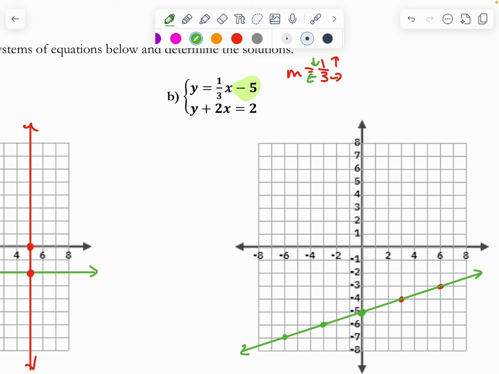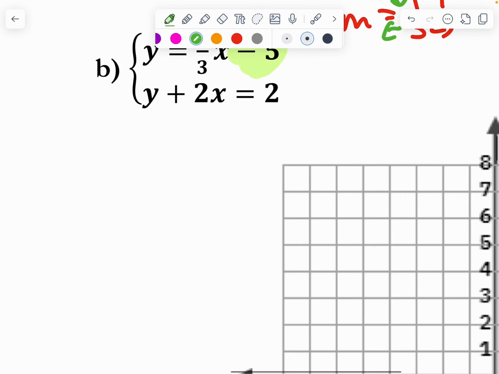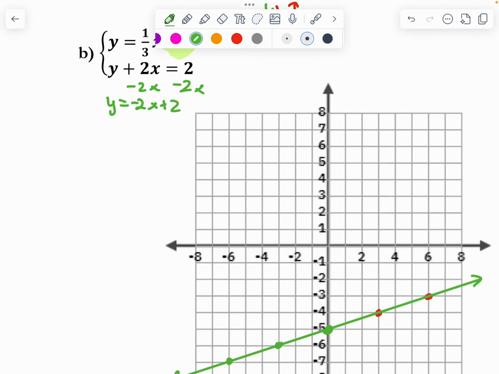Perfect. I finished my first equation, but my second equation I can't do yet because this is not in y equals mx plus b, slope-intercept form. In order for us to do that, we have to solve for y. So I'm going to subtract 2x here, and I have y as -2x plus 2. Wonderful.